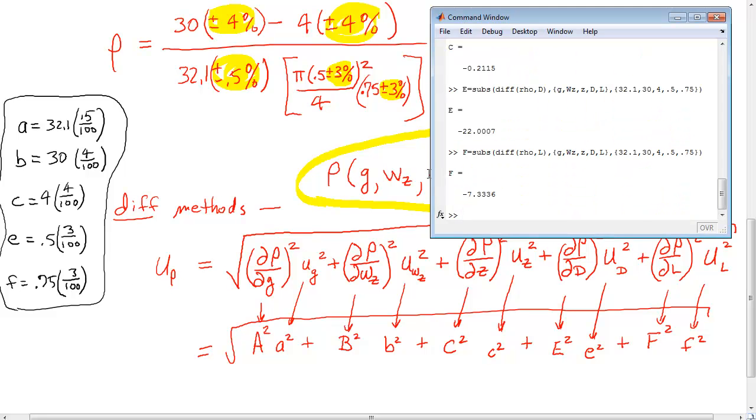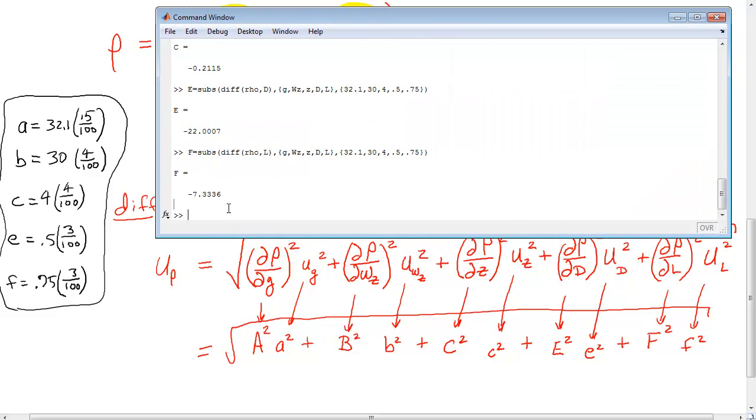So now I can list my A is equal to 32.1 times 0.5 divided by 100, and I'm going to do them all together. That'll suppress the output, but I'll go ahead and figure out what B is equal to. It's 30 times 4 divided by 100. And then what is C? It's equal to 4 times 4 divided by 100.